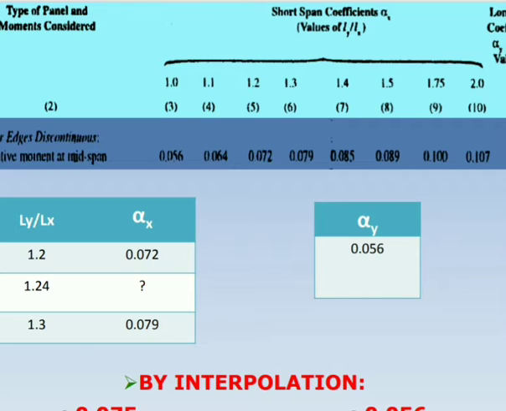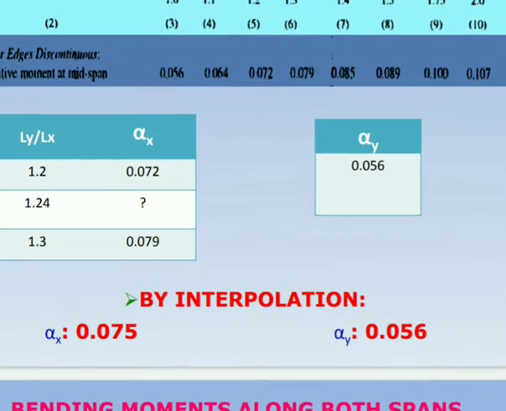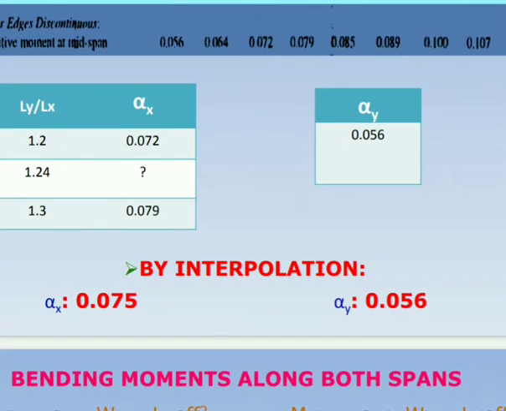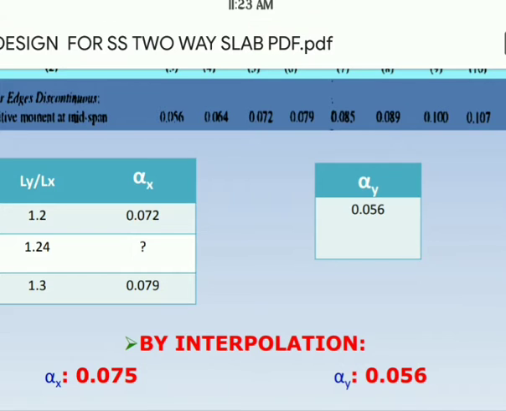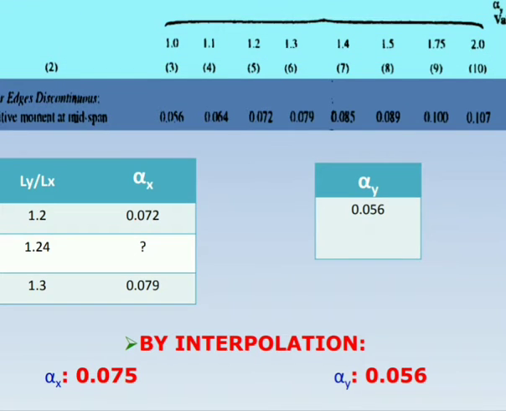So now in this case alpha y can be directly taken, as there are no different values. Directly the alpha y value can be taken here, that is 0.056. So alpha x by interpolation we get 0.075, and alpha y we keep as it is. This is how we find the values of alpha x and alpha y for our slab.